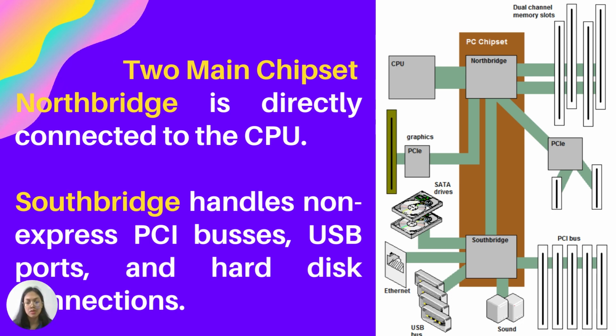This includes RAM modules, PCI Express cards, as well as AGP or Accelerated Graphics Port, and peripheral component interconnect. And the South Bridge handles non-express PCI buses, PCI buses, USB ports, and hard disk connections.